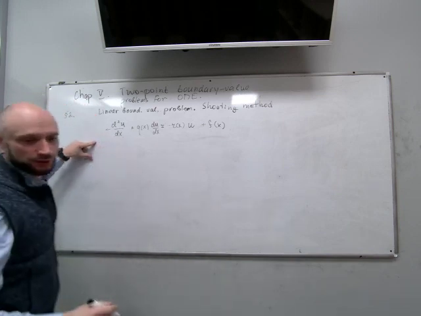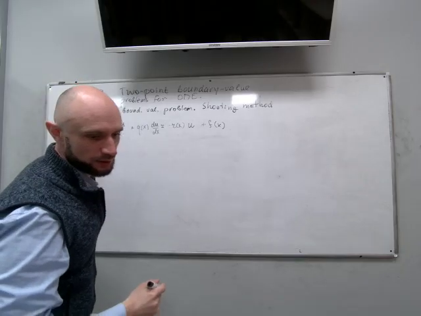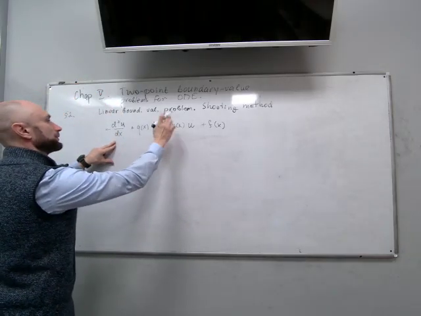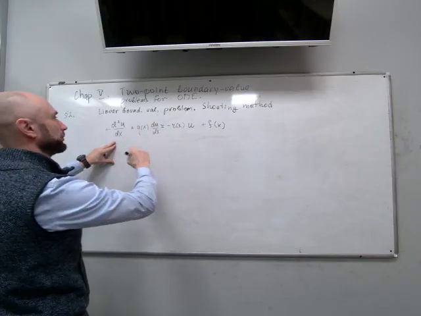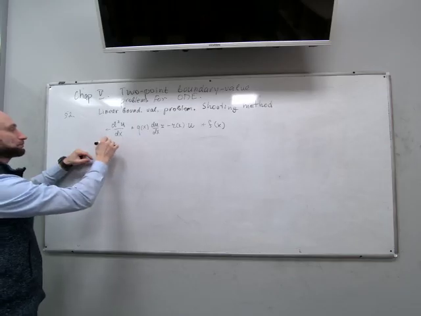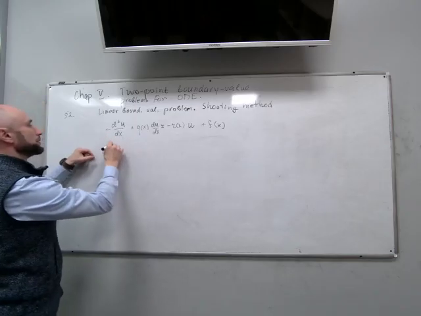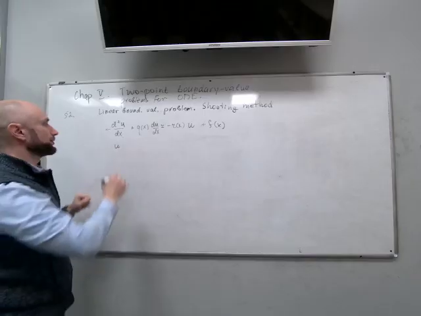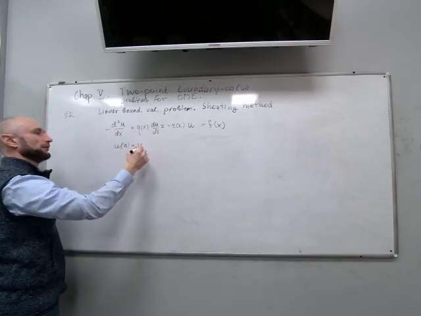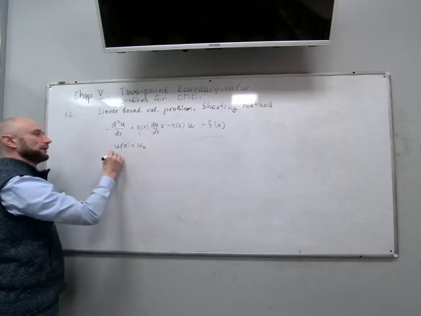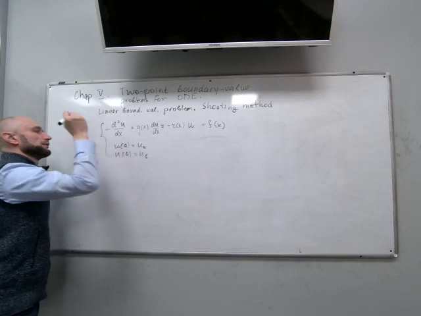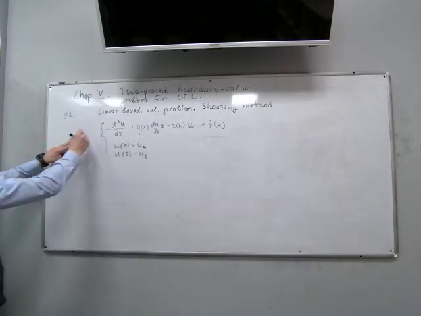So we could consider a general problem, but since we started with this problem, let's continue with it. Let's say that on the left hand side I'm fixing the value of function u, and on the right hand side I'm also fixing the value, just for simplicity of discussion.